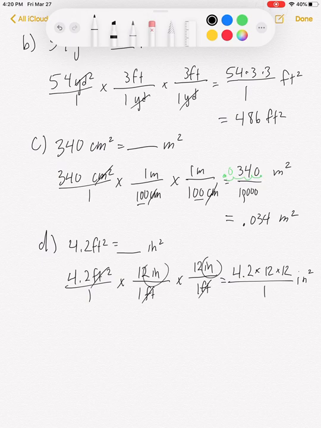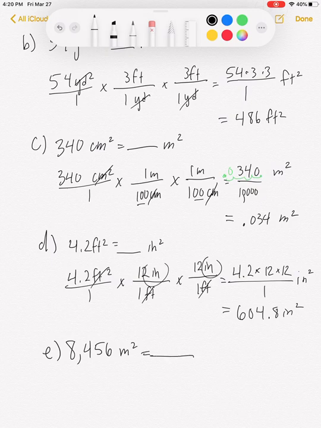4.2 times 12 times 12 is going to give me 604.8 inches squared. Okay, and then the last problem is problem E, 8,456 meters squared is equal to some number of kilometers squared.